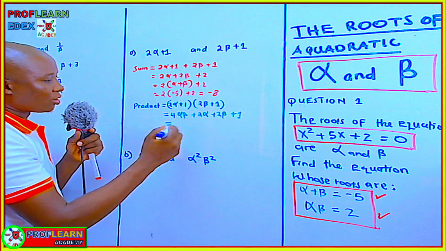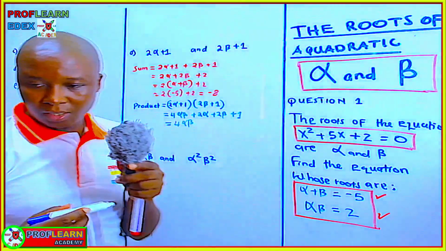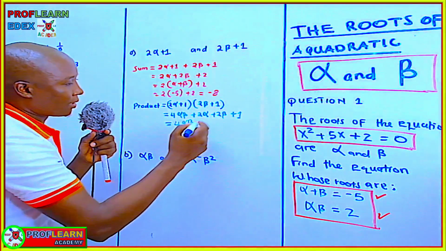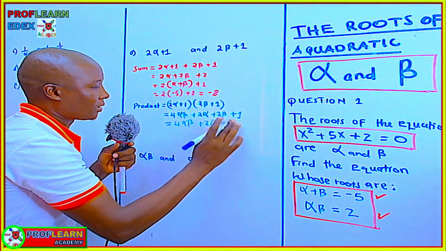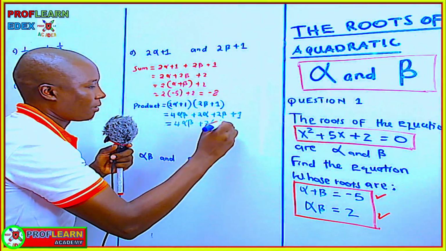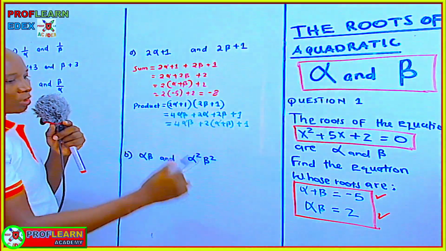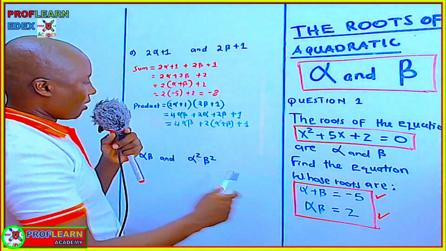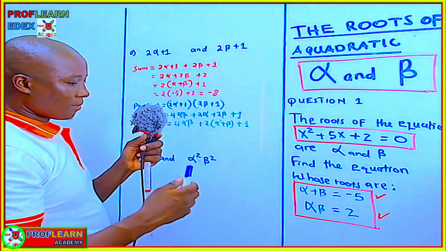Basically this is going to reduce to 4 alpha beta, and then plus 2 into alpha plus beta, then plus 1. You see, I've factored out so that I can use what we have here, and 2 will be used where we have alpha times beta.